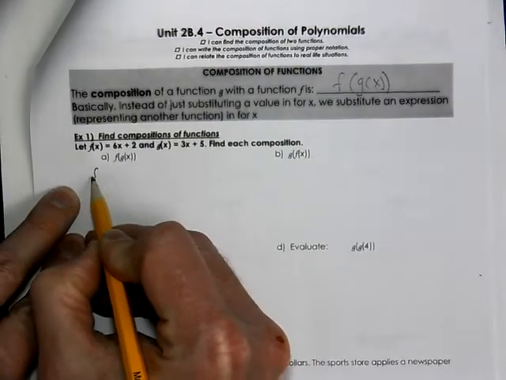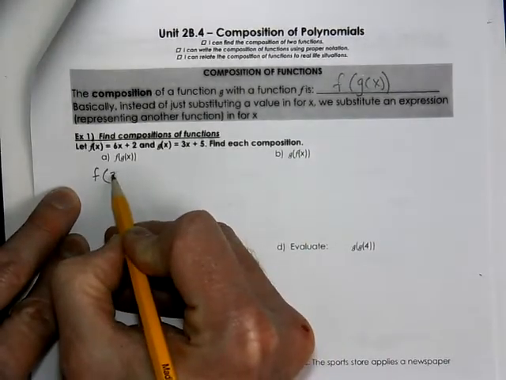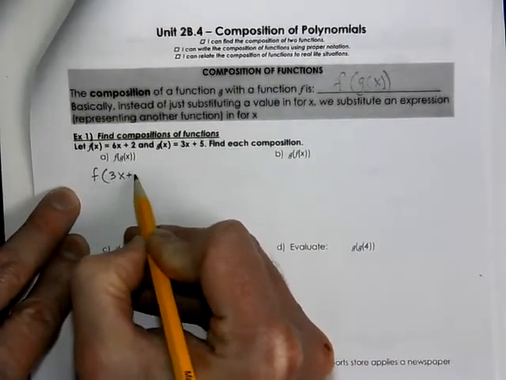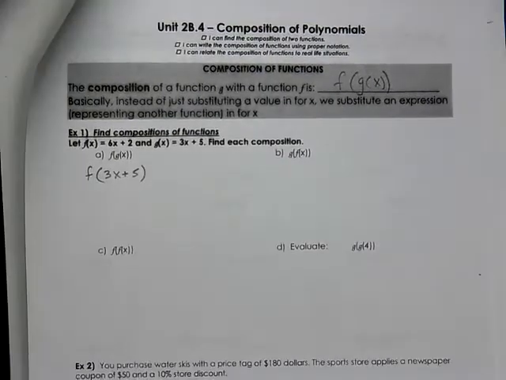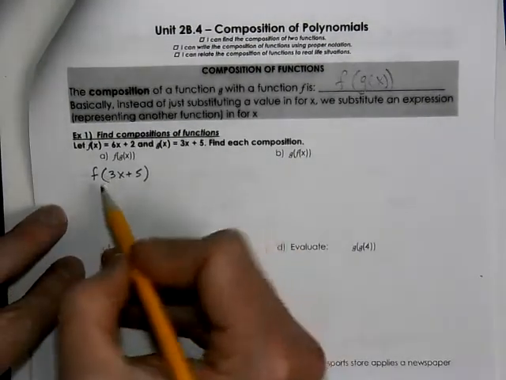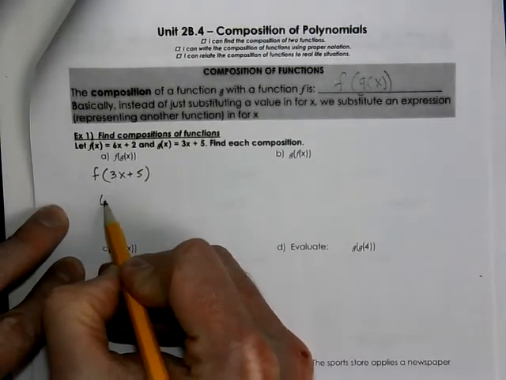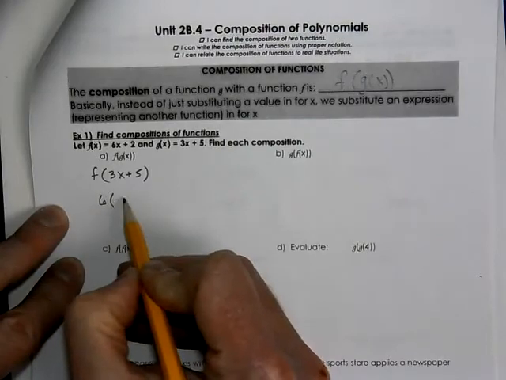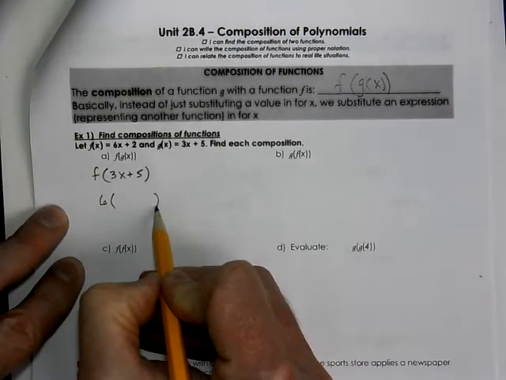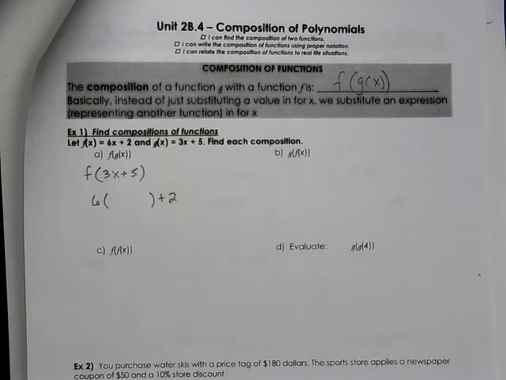So what we're going to do is take the f function and plug the g function inside for the x values. So the f function is 6 times something plus 2. Look at how we set this up.